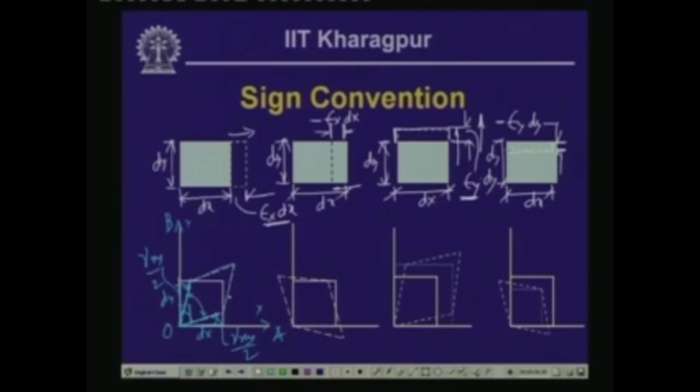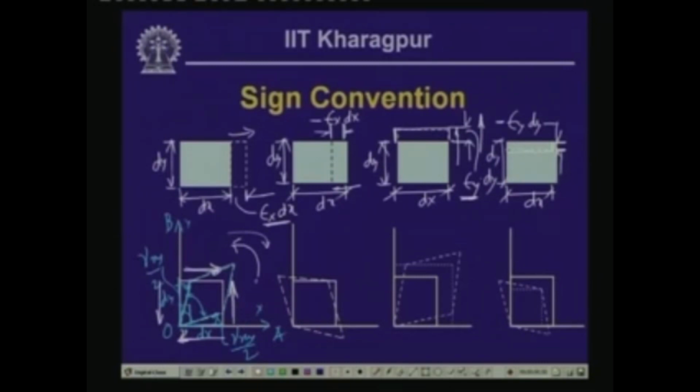Now, if we remember, we had discussed the positive shear. Shearing stress, if we draw it on this particular element, the direction of positive shear stress is this on this face, and on this face it is downwards, on this face it is in this direction, and on this face it is in this direction. This positive shear, as we had taken in the construction of the Mohr circle, if you remember, this upward shear along with this complementary shear causes an anti-clockwise rotation, and this shear along with the complementary on the other face causes a clockwise rotation.